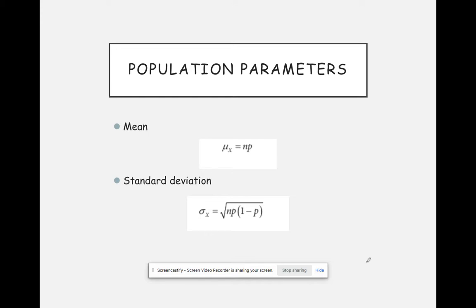So I can always find the mean, which is really the number of expected successes, just by taking n times p. So number of trials times probability of success. Standard deviation, I'm going to take n times p times 1 minus p, or I can say n times p times q, and then I take the square root of that value.